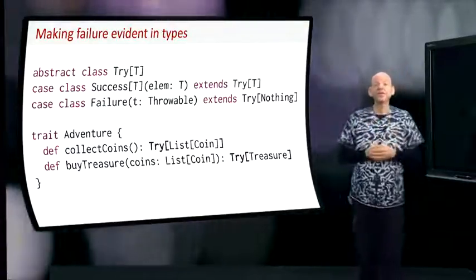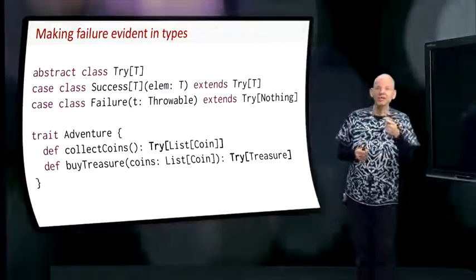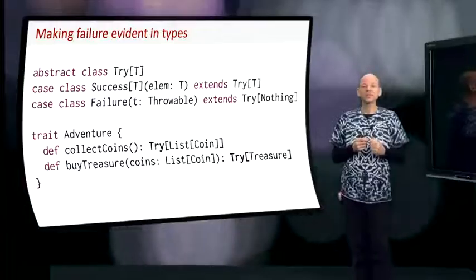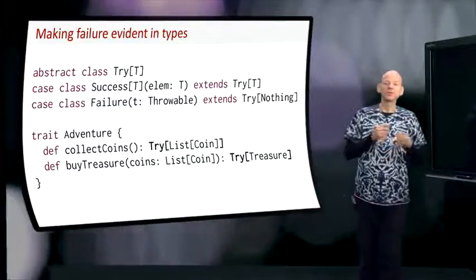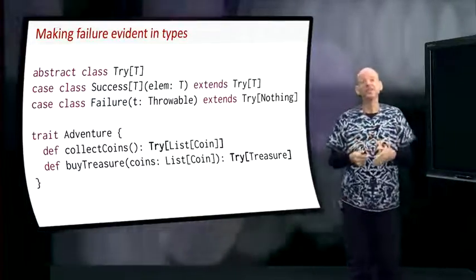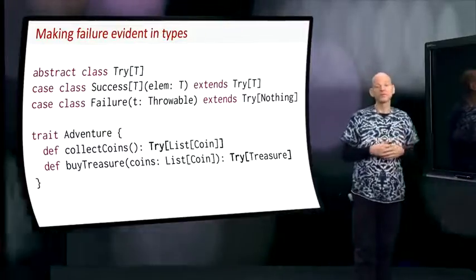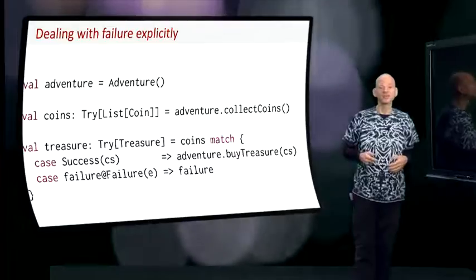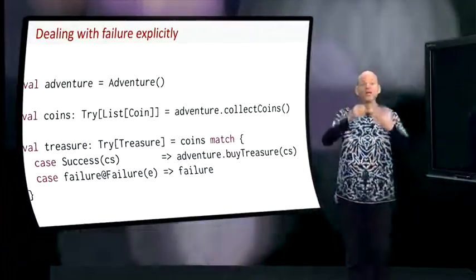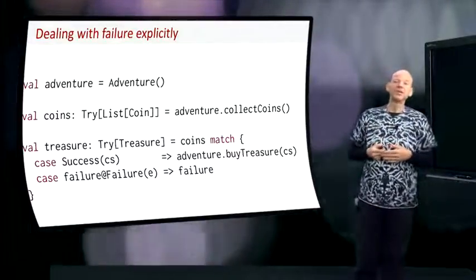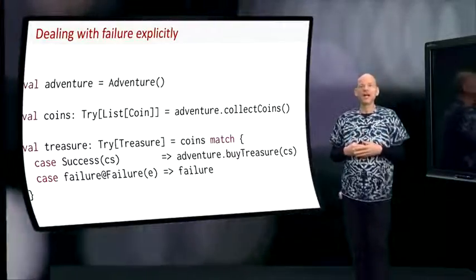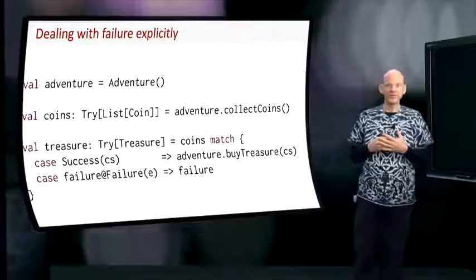And so again, this Try means it either returns a list of coins or throws an exception, and the same if you return a Try of Treasure, it means that either it successfully returns a treasure or it throws an exception.